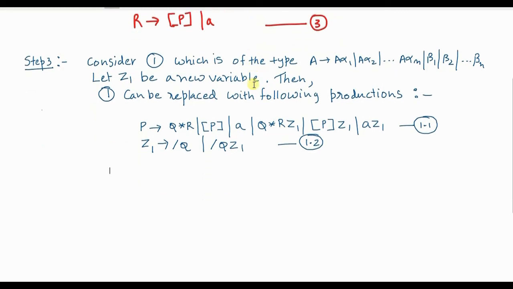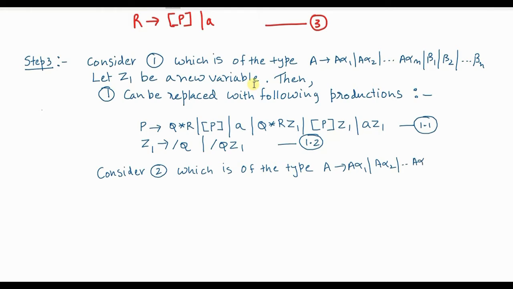In the same fashion, next I will write consider equation 2, again which is of the type A gives A alpha 1 or A alpha 2 up to A alpha n, or beta 1 or beta 2 up to beta n. Now here I will introduce another variable.